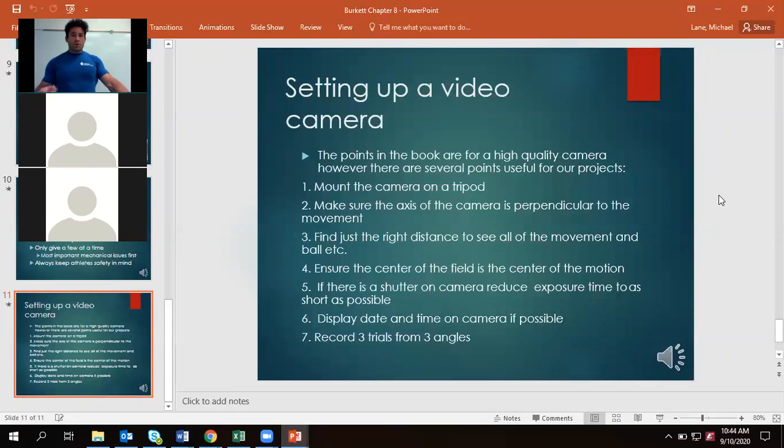So, make sure that you're doing what you can. Obviously, you don't necessarily need to mount it, but you definitely want to make sure you're as steady as possible when you're recording. We don't want to have it on earthquake vision, and you want to make sure you're getting the information. As far as the date and time on the camera, I find that hilarious because that is a throwback, and I couldn't force myself to remove that because that's just too funny.